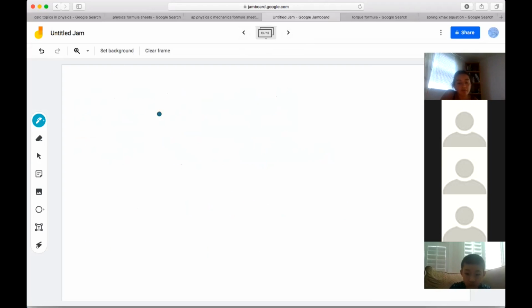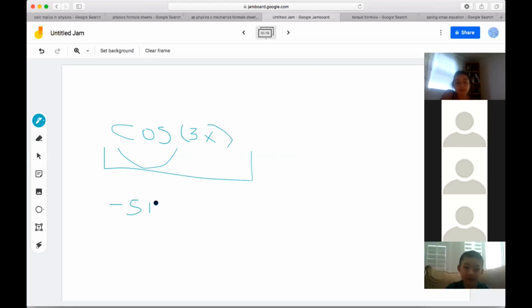So let's say we have cosine of 3x, and we want to take the derivative. Basically you take the derivative of the outside and multiply it by the derivative of the inside. We know the derivative of cosine is negative sine, and whatever is inside the parentheses you keep the same, so in this case it's 3x.